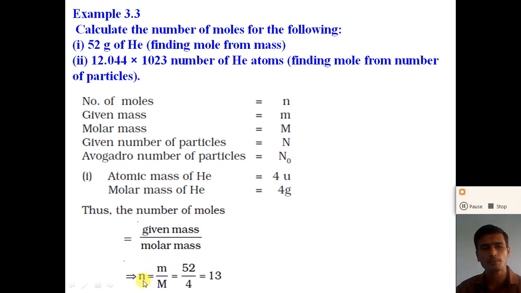So here, from the 52 gram of He, we first need to find the molar mass of He. The atomic mass of He is 4 AMU, so the molar mass of He is 4 gram. So the number of moles n is equal to the given mass of He, 52 gram, divided by the molar mass of He, 4. We get 13 mole.